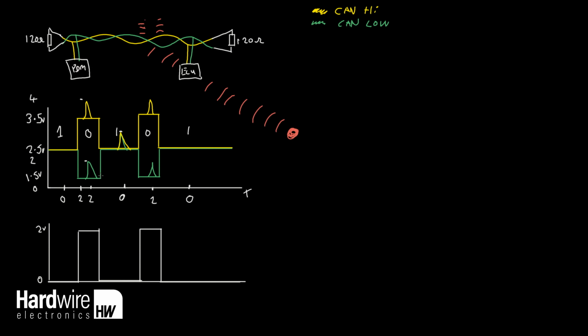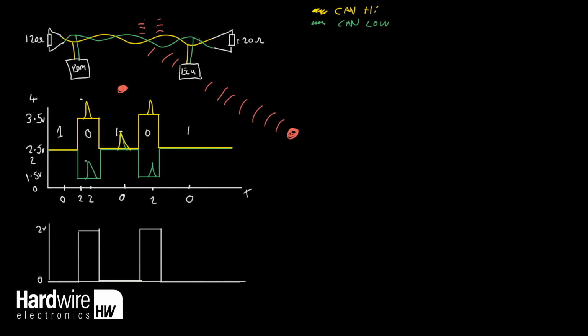When the CAN low goes up in voltage, the CAN high is coming down in voltage. What we see is that the electromagnetic wave being transmitted from the CAN high signal is perfectly cancelled by the electromagnetic waves being transmitted from the CAN low signal. And the result is that to an external observer over here, the CAN bus is generating no electrical noise.